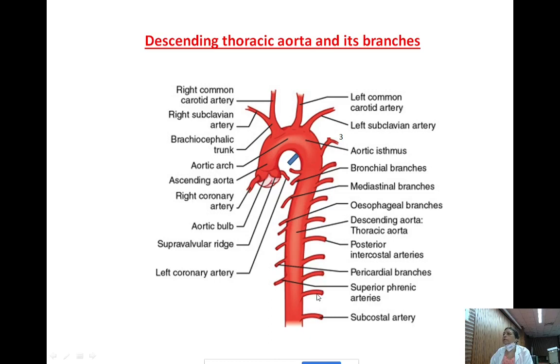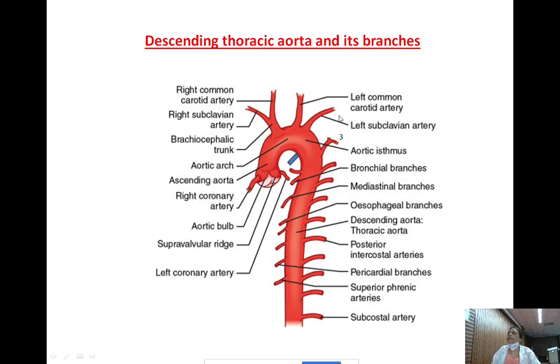They are not only present on one side, they are present on both sides. They have shown here on one side, but there are left posterior intercostal arteries as well as right posterior intercostal arteries. All are the branches of the descending thoracic aorta.